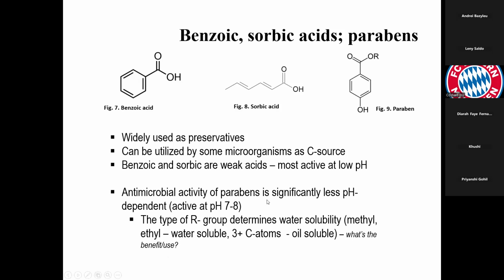The antimicrobial activity of parabens is significantly less pH dependent than that of the previous two. And another, third, good property of the parabens is that the identity of the side chain here on top governs, I guess, impacts the solubility of these chemicals.